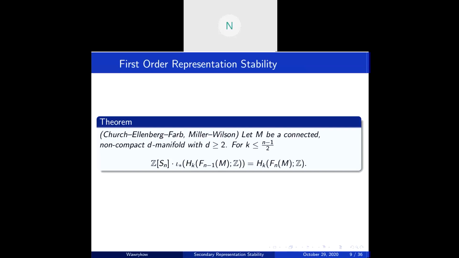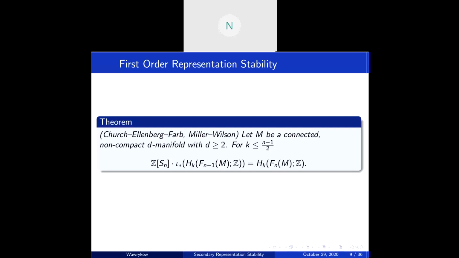I don't know what else it was extended to, but if M is a connected non-compact D-manifold with D greater than 2, then in this range where k is less than (n minus 1) over 2, otherwise basically saying you have at least twice as many points as the homological degree you're caring about, then this inclusion of homologies induced by the inclusion map on configuration spaces, if you permute all the indices or use this permutation action, then you're going to get everything that you want on the inclusion. So you're saying there's really not too much added here. You just need to change some names around.